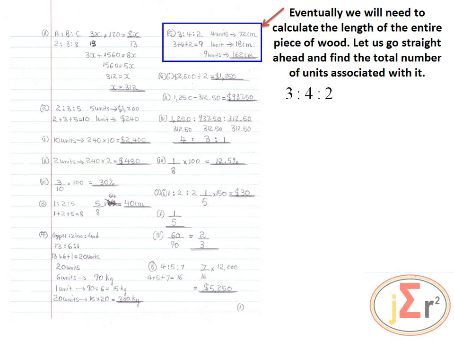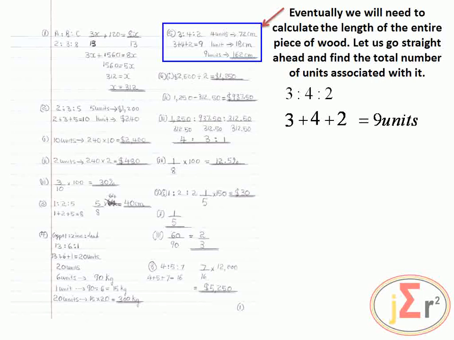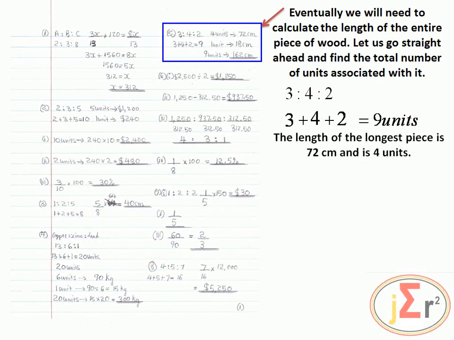So this one is quite analogous to the one that we had before, and the analogy is very close. So go straight ahead and determine the total number of units, and there we have that as 9. But what else do we know?